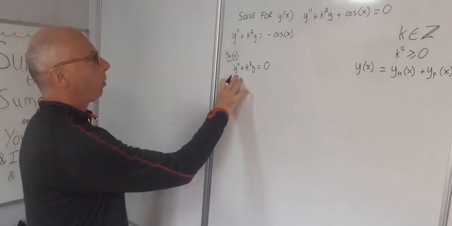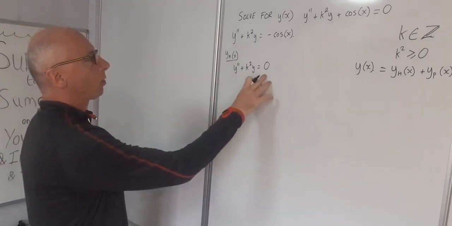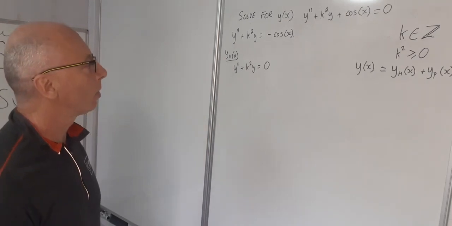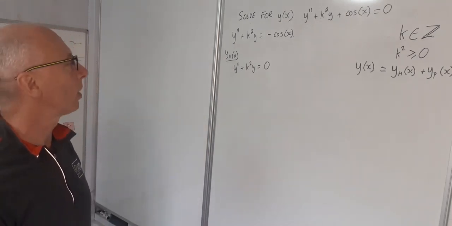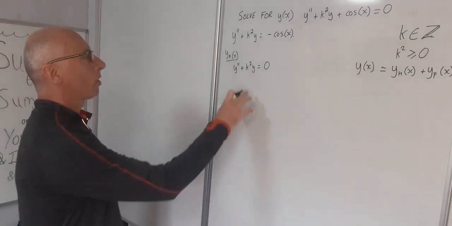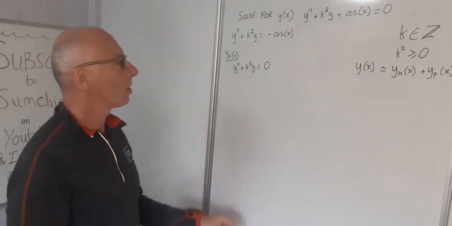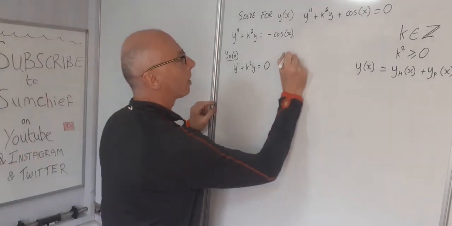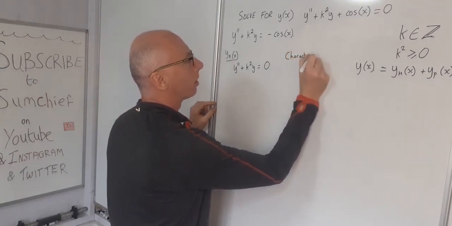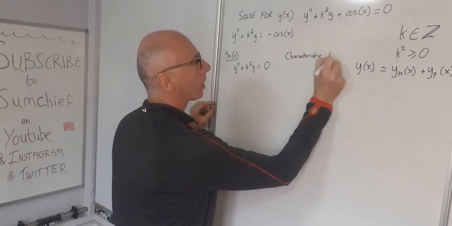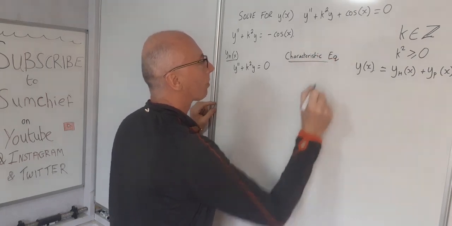So here we've got y double prime plus k squared y equals 0. Now separation of variables and integration is not going to give us the solution that we're going to need. So what we can do is we can use something called the characteristic equation, I'm just going to write EQ for short.